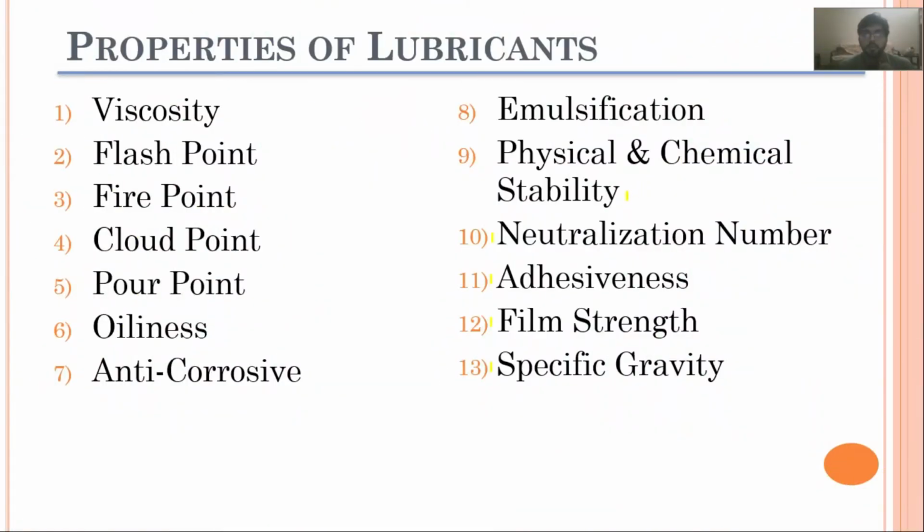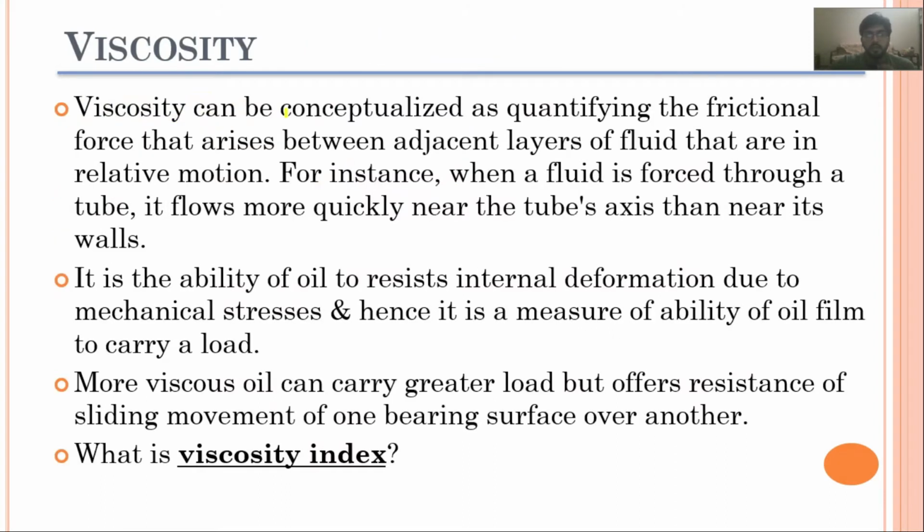Okay, now moving forward, we have the first very important property of a lubricant, and that is the viscosity. So again, viscosity, we all have studied the basic concept of the viscosity.